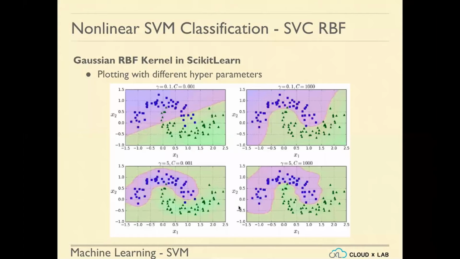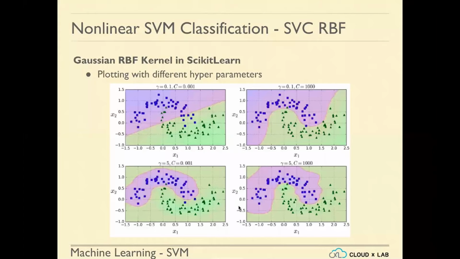So again, the story goes back to the grid search, that we do a grid search on gamma and C and figure out which values of gamma and C give us the best results on the test.